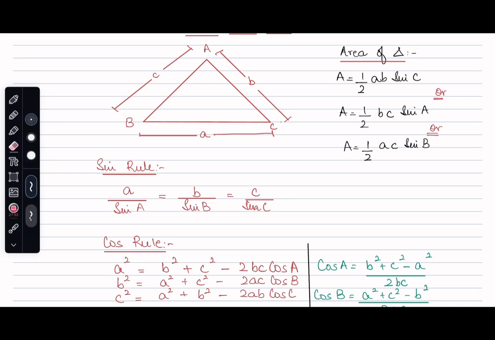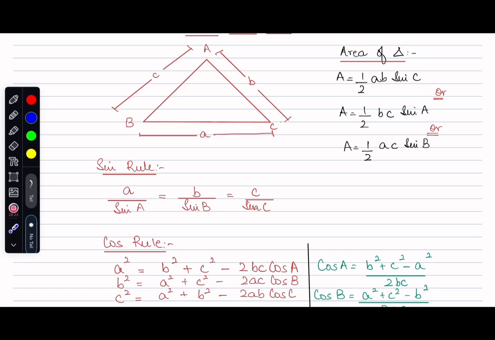The cosine rule. For the cosine rule, it's given as a square, which is then equal to, now just remember, sine rule deals with opposite angles and sides, whereas for cosine we go with the two adjacent sides. Meaning if we are supposed to find out a, then we should say that a square equals b square plus c square minus twice of the product of bc into cos of the inclusive angle, which is going to be A here.